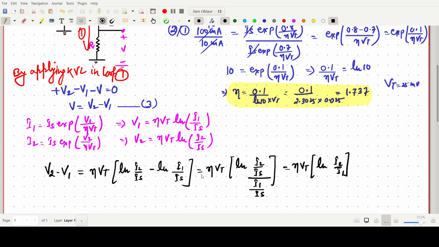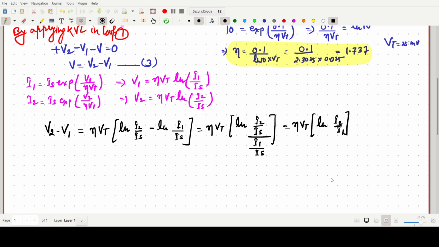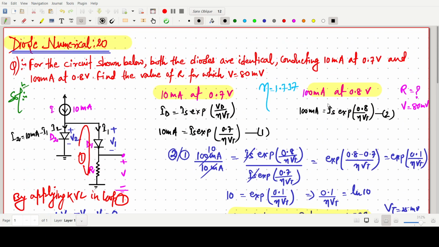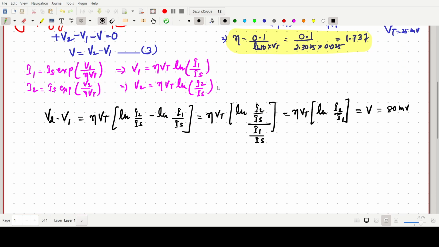Now I2, I1, everything is known to us, and this V2 minus V1 is simply our V volt, from equation 3, and in your question it is given as 80 millivolt. So we have to find the R.